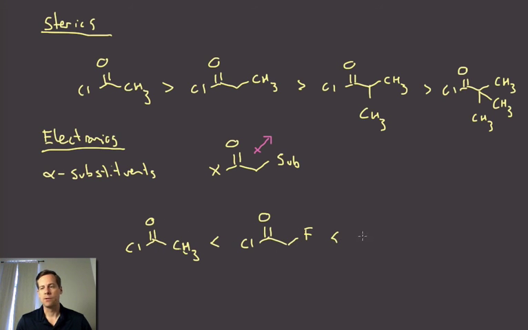Then if I put even more of those groups, now this is going to be very reactive, because the dipole moment from those fluorines pulls electron density away from the carbonyl, making it all the more electron deficient. So that increases the reactivity of the carbonyl.